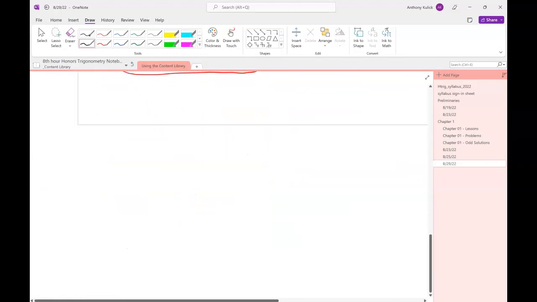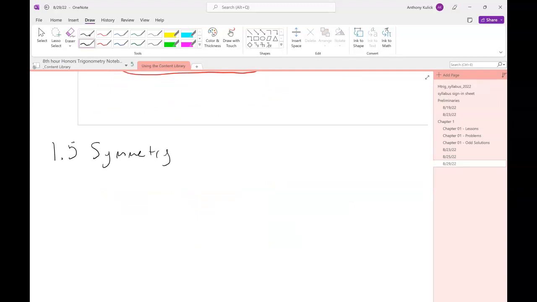So today we'll be starting with section 1.5, which is all about symmetry. This is a little bit of a geometry topic and stuff that you didn't exactly do specifically in Algebra 2. So some of this could feel new to you, and that's okay. It's probably what it should feel like.